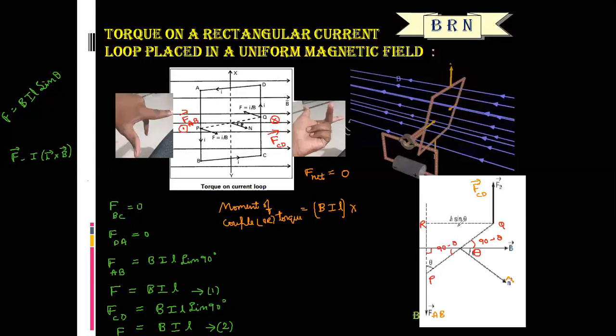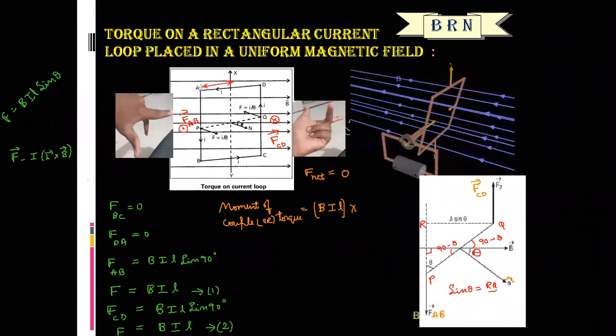In the triangle PQR, what is the value of sine theta? Sine theta is equal to perpendicular divided by hypotenuse. The perpendicular is RQ. The hypotenuse is actually the breadth of the coil.